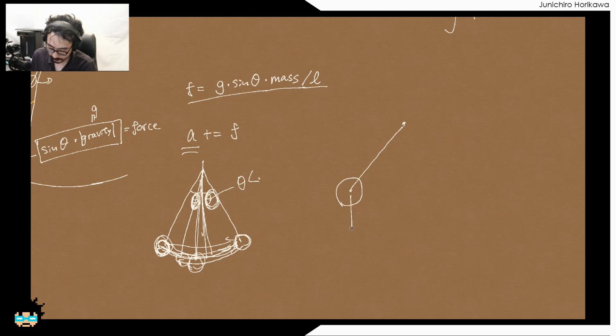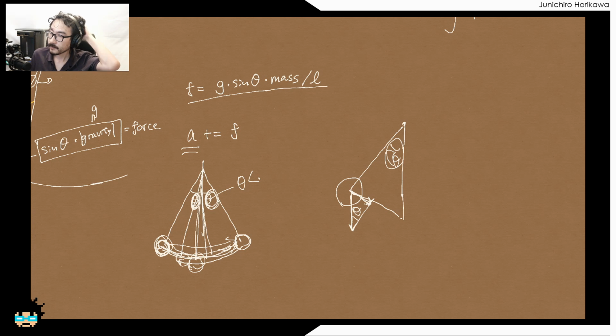So we had this gravity force, and we have this angle right here, which is equivalent to, if we get the sine value of this theta, and if this is a unit vector going downward, what we can get is this value right here. Okay, so that's correct.